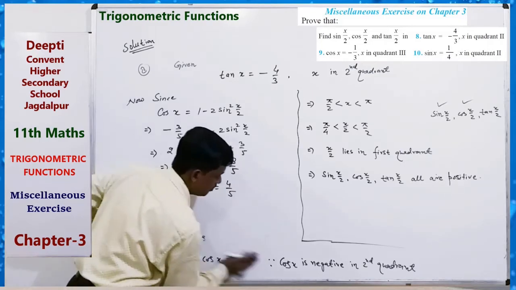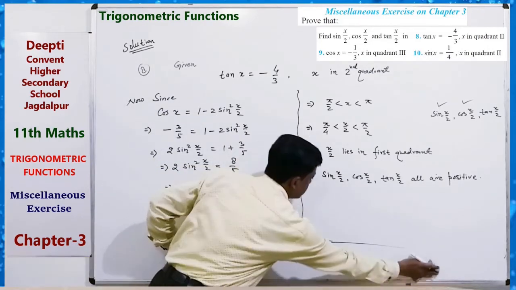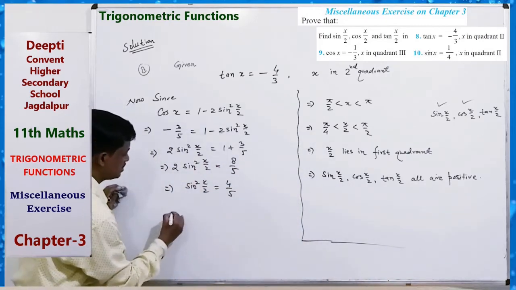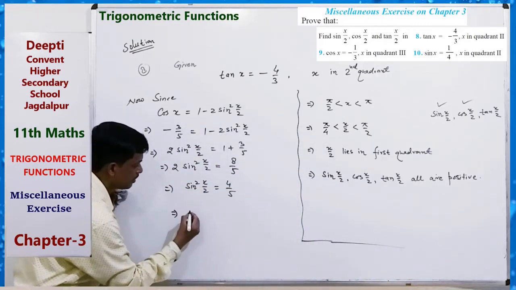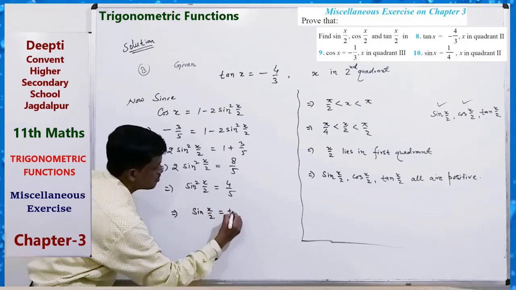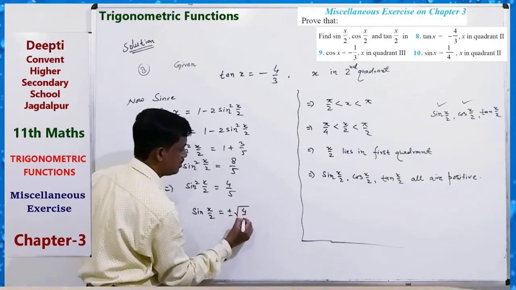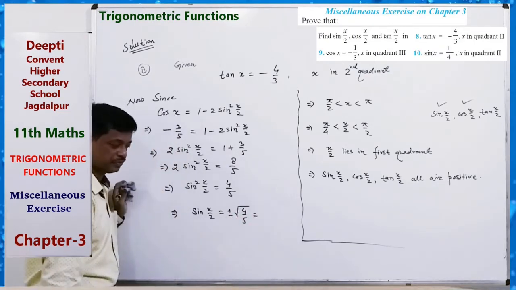So we can solve and get the value of sin x by 2 from here. Clear? So sin x by 2 equals plus or minus root over 4 by 5.